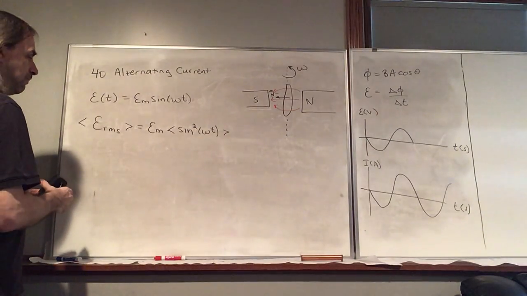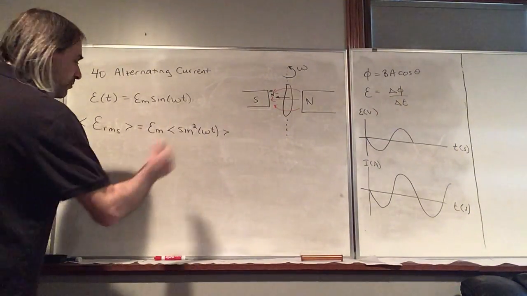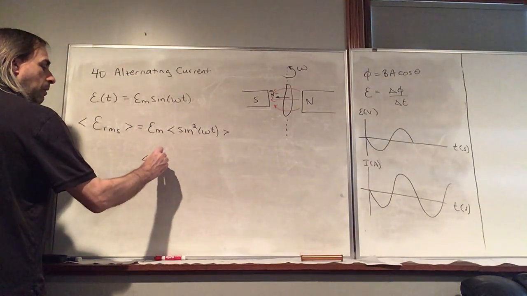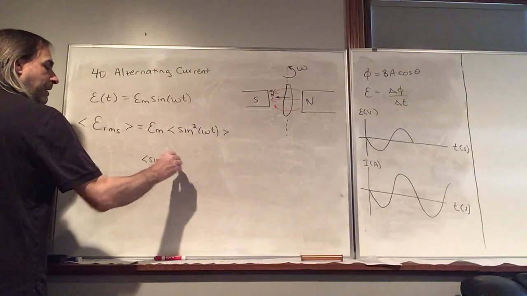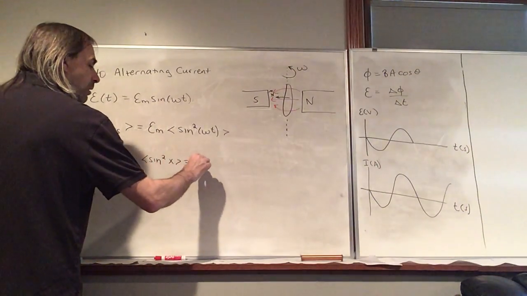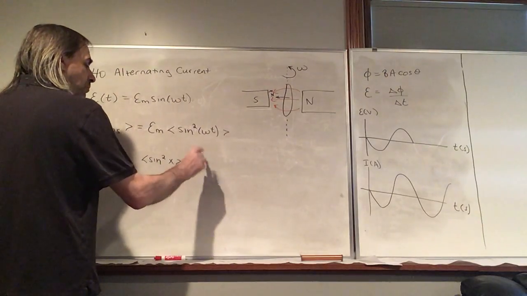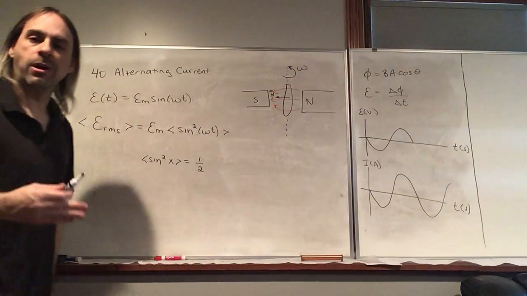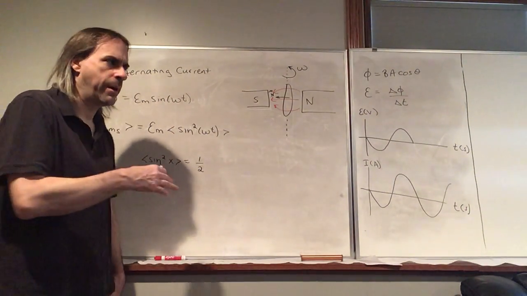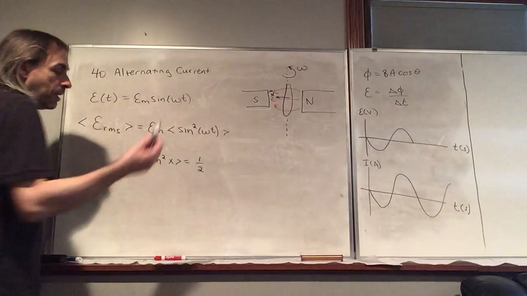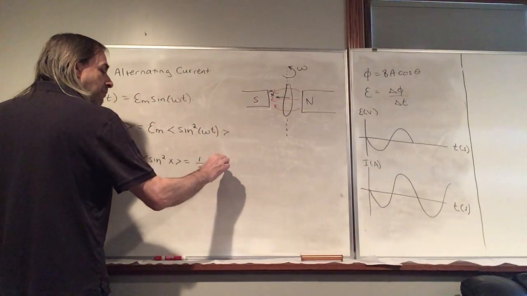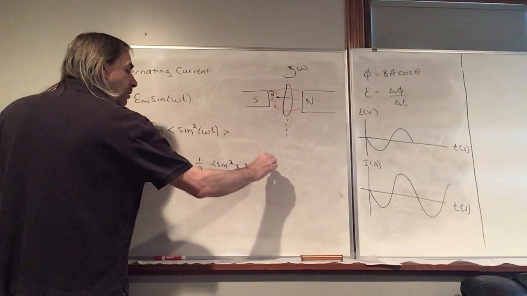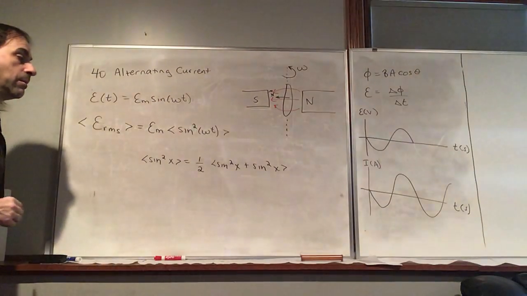So, I guess we'll just do that again. The average value of sine squared x, in general, is obviously equal to, and you use the word obviously when you're not doing something in a mathematically rigorous way, 1/2 sine squared plus sine squared.